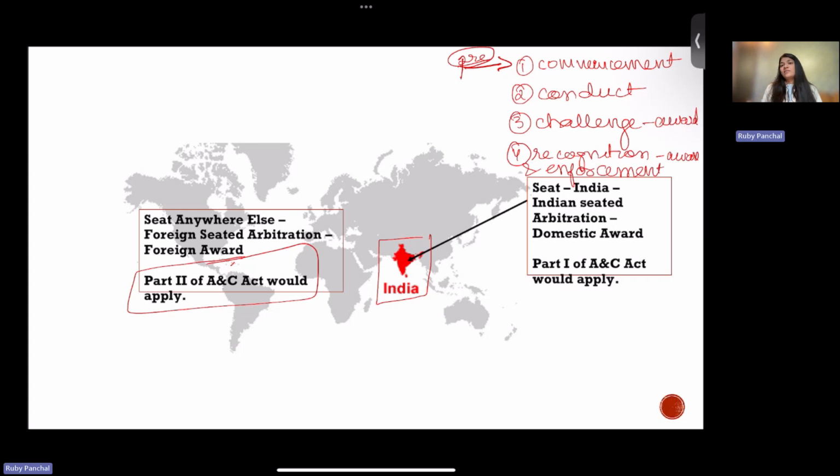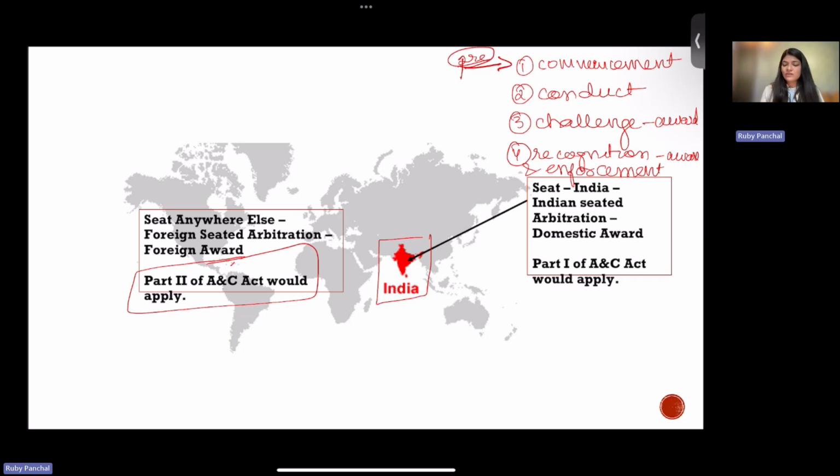The second aspect is the conduct of the arbitral proceedings: how to file the statement of claims or defense during the proceedings, what principles should be observed in an arbitral tribunal, which is the principle of party autonomy, principle of equality, etc. How to approach a court for evidence related issues, and so on and so forth.